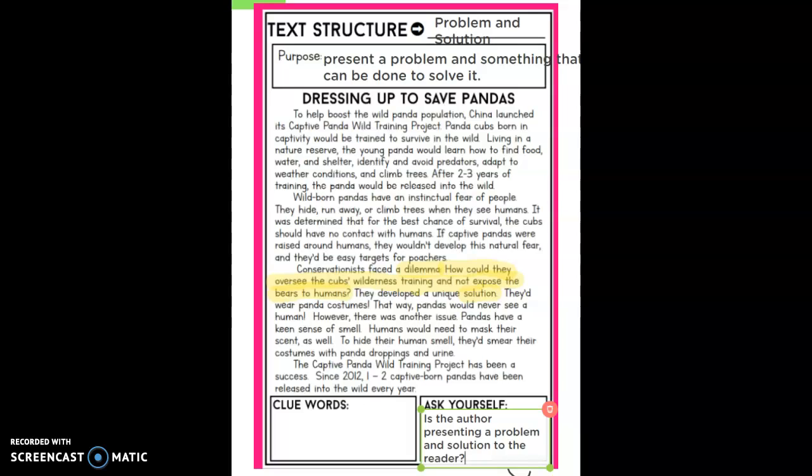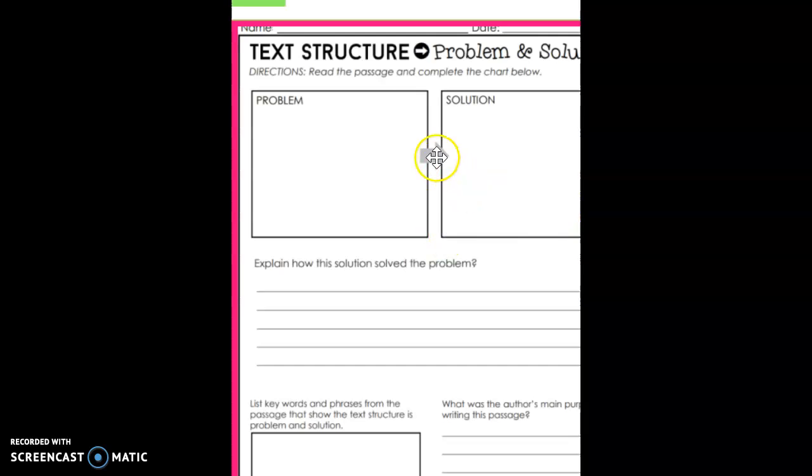Is the author presenting a problem and solution to the reader? If it is telling you an issue and how to fix it, that would be a problem and solution text structure. On the next page, we're going to look at an example, a graphic of how we could show a problem and solution. Please follow along with me.